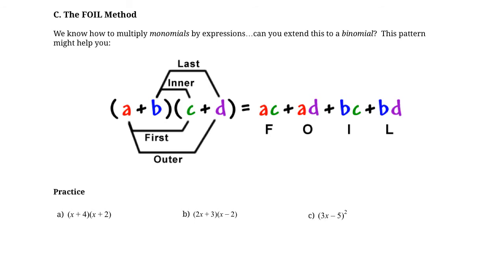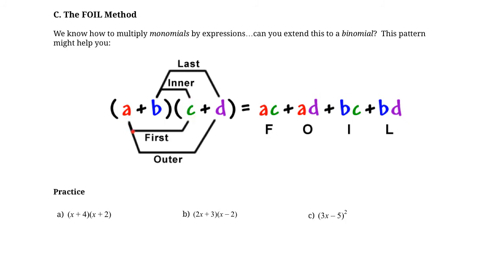If we look at an example here, we've got one binomial, a plus b, being multiplied by a second binomial, c plus d. If we follow the FOIL method, it's going to tell us the order in which to multiply the variables. F stands for first, so that means take the first term in the first bracket and multiply it by the first term in the second bracket.